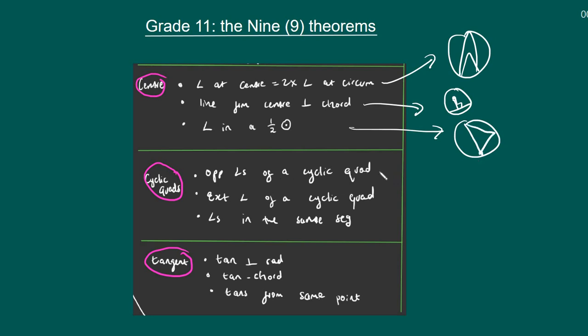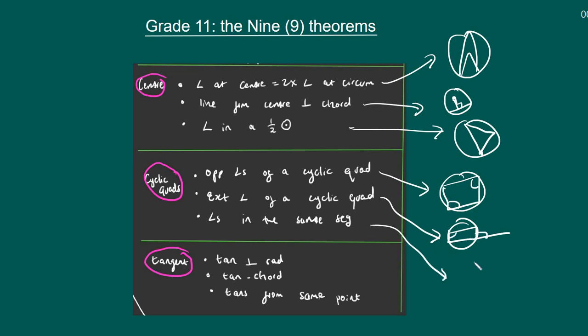And then cyclic quad, opposite angles of a cyclic quad: you must have a cyclic quad, opposite angles add up to 180 degrees. And then exterior angle of a cyclic quad, if you have a cyclic quad, the exterior angle will be equal to the interior opposite. And then angles in the same segment will mean that if I have something like this, this angle will be equal to that, this one will be equal to that.